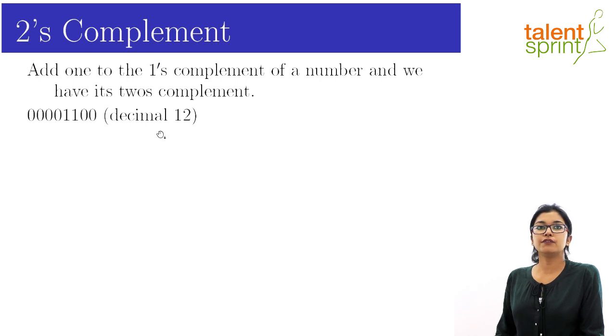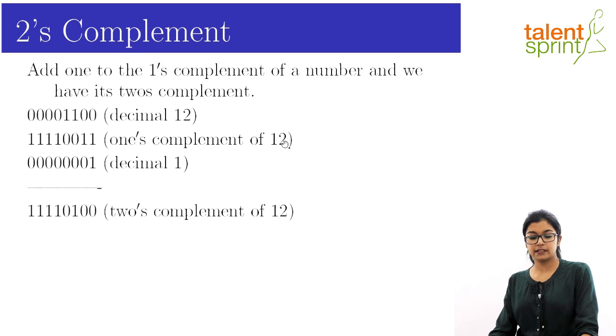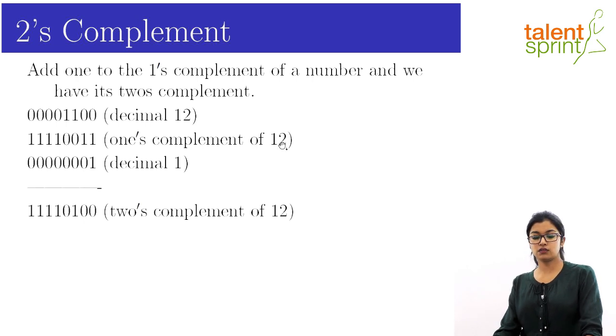So if you have to find the 2's complement of decimal 12, first you convert this into 1's complement. So you reverse all the bits and get the 1's complement. Now you simply add decimal 1 to the 1's complement. And when you do that addition, the value you get is the 2's complement of 12.